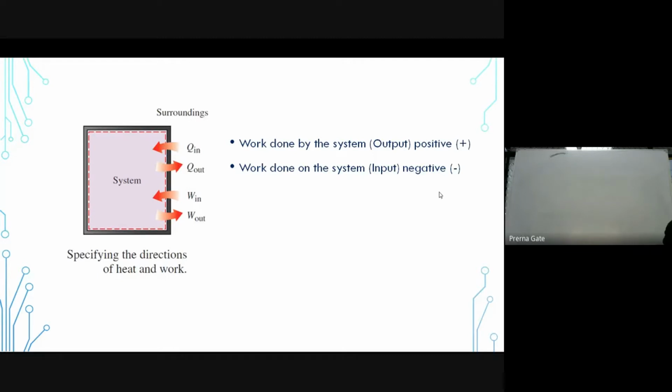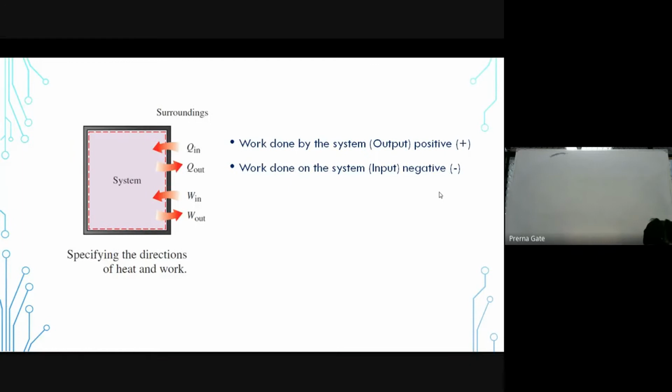You can easily remember it by the prefix of output and input: work done by the system, that is some output coming, is considered positive, and work done on the system, that is some input associated, is considered negative. So this is the sign convention of work.